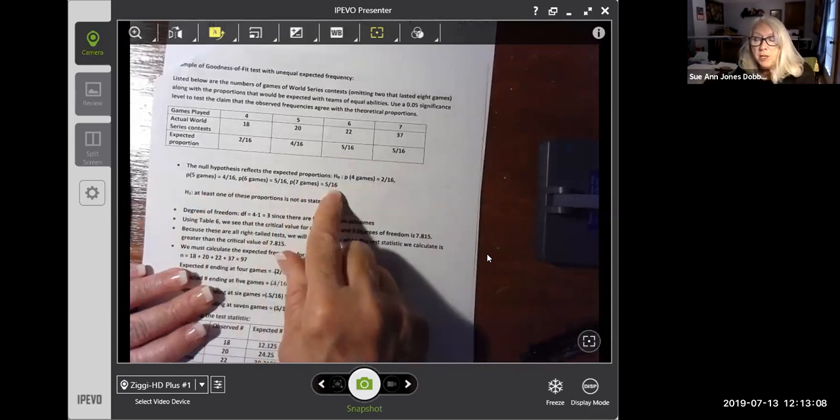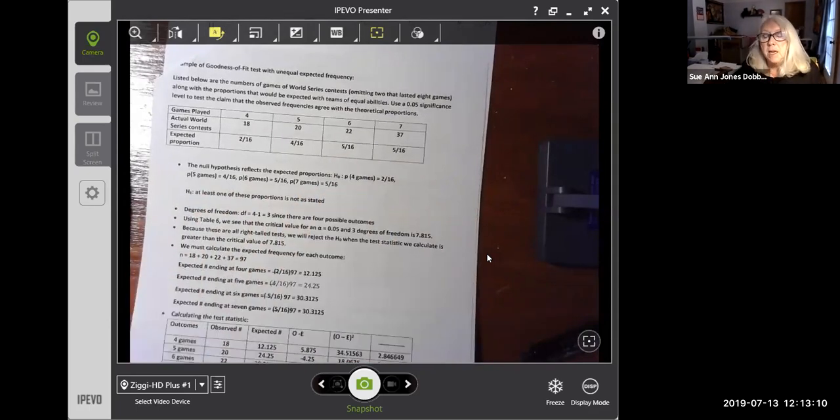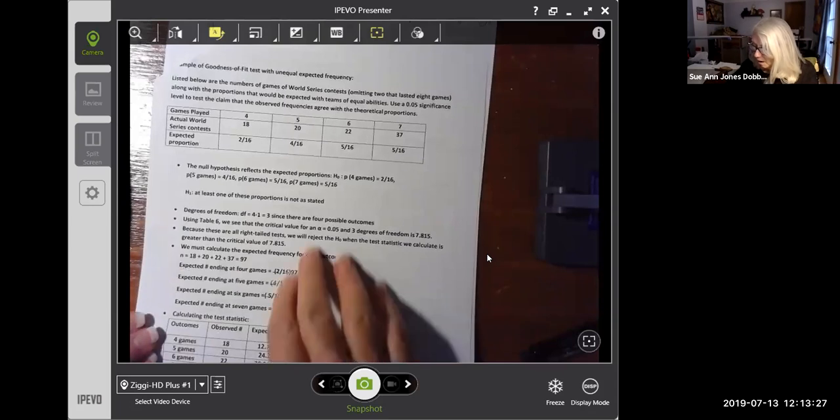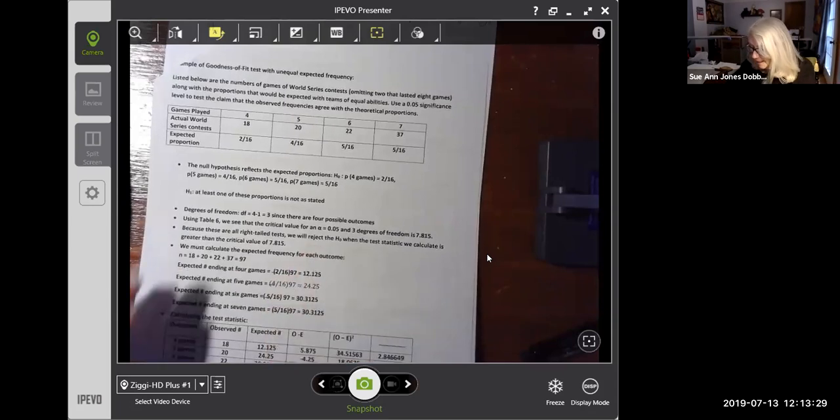You have to explicitly state the expected proportions in the null hypothesis. And then the alternative hypothesis is, again, like in the other one, at least one of these proportions is not as stated.